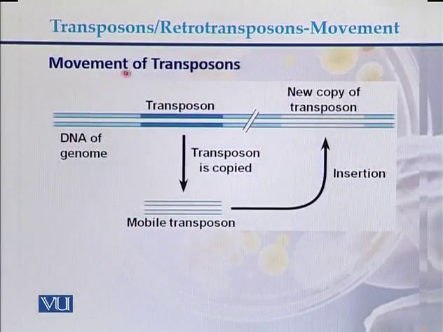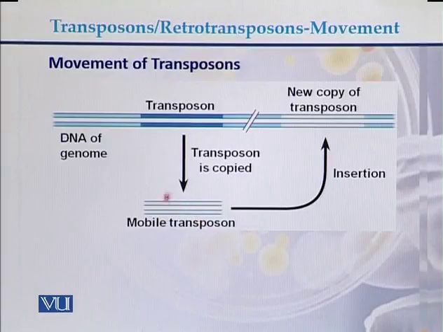The movement of transposons. As the transposons are of two types, one is transposons and the second type is called retrotransposons. So, movement of transposons. Here is the transposon, and this DNA sequence is a mobile DNA sequence, or it is called a mobile transposon.